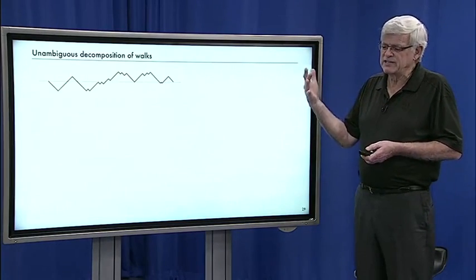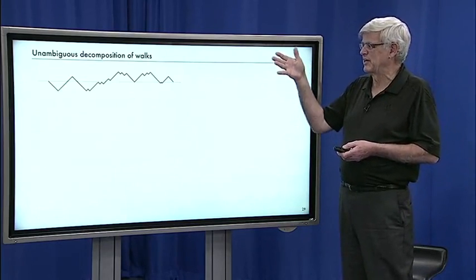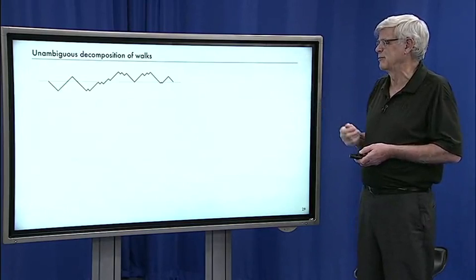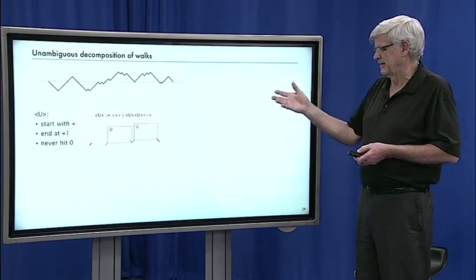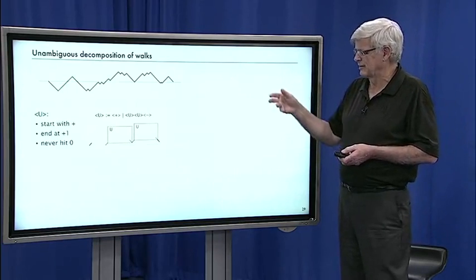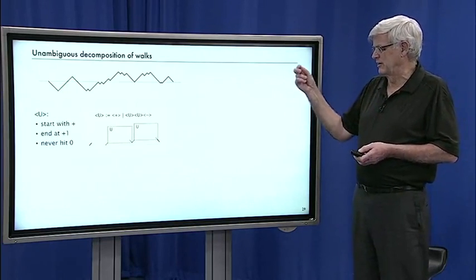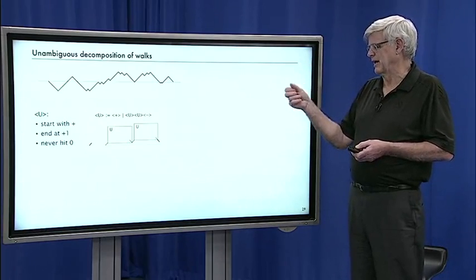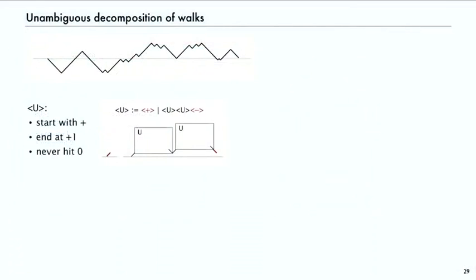And so the key to studying random walks in this context is to come up with an unambiguous way to decompose them. So that's a typical walk. And here's one way to come up with an unambiguous decomposition. First is to consider the class U, where the walk always stays above the line. Always has more pluses than minuses.